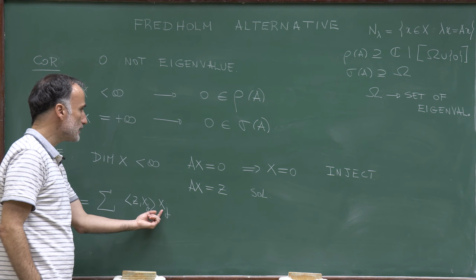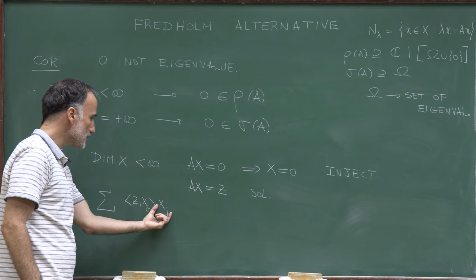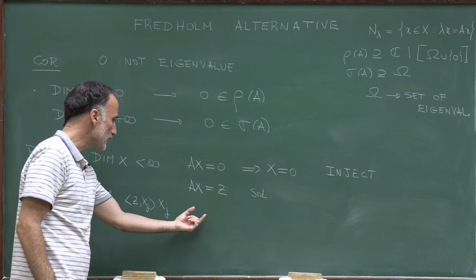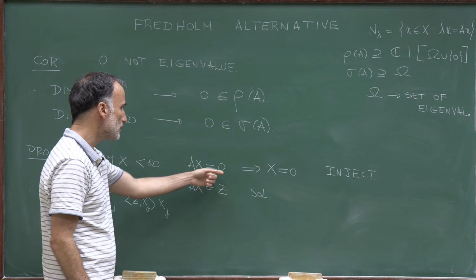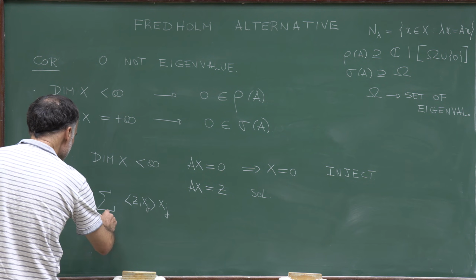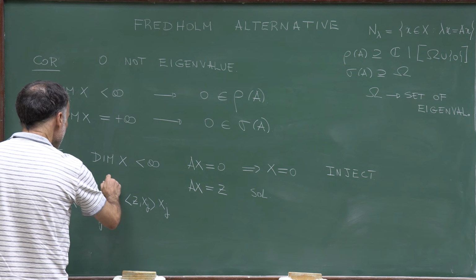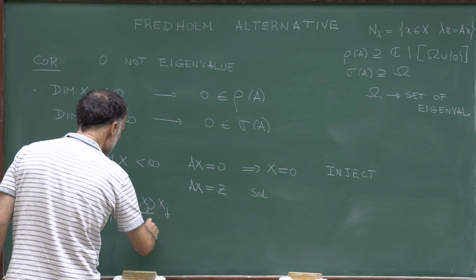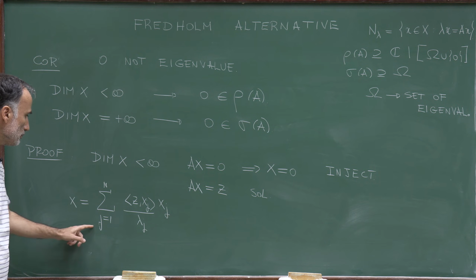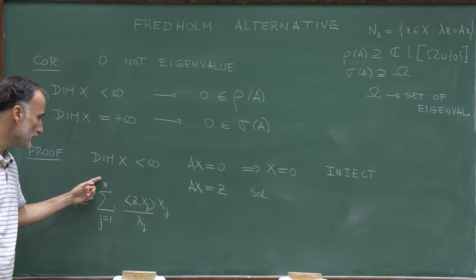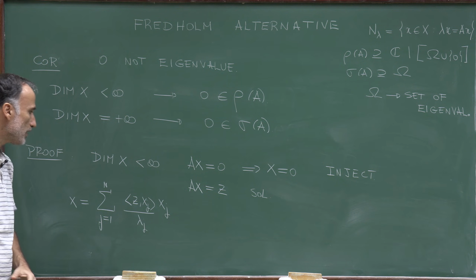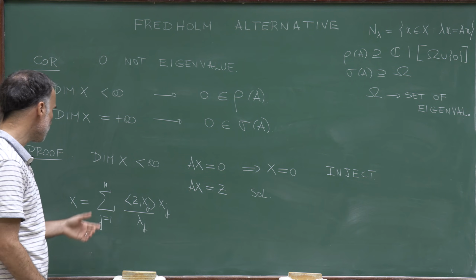So we have a basis made of eigenvectors, and 0 is not an eigenvalue, so these are all eigenvectors associated to nonzero eigenvalues. The eigenfunctions associated to these eigenvalues lambda j form a basis of your space.